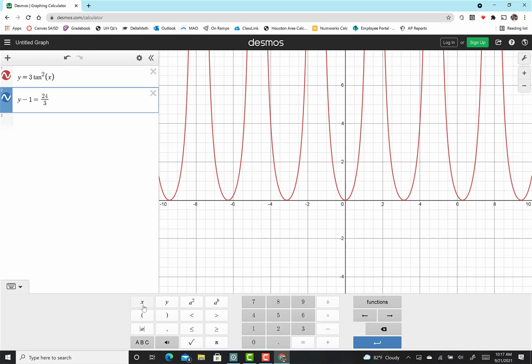Oh, yeah. Yes. Yeah, I should have reduced it. My bad, guys. Yeah, look at that. That definitely looks like a tangent.